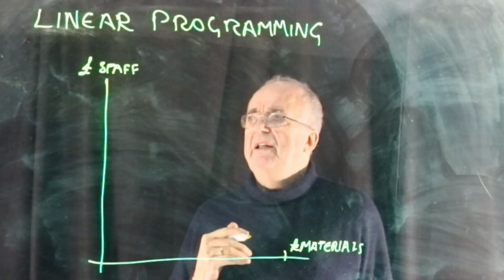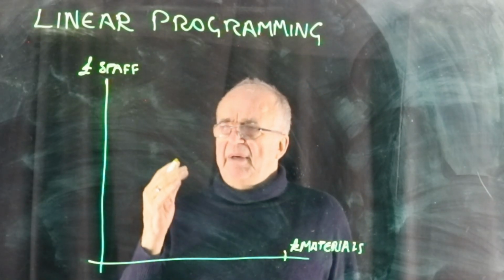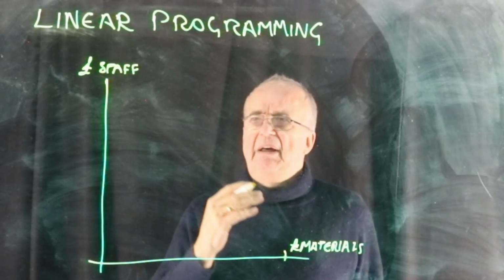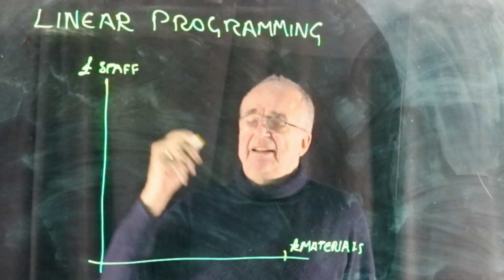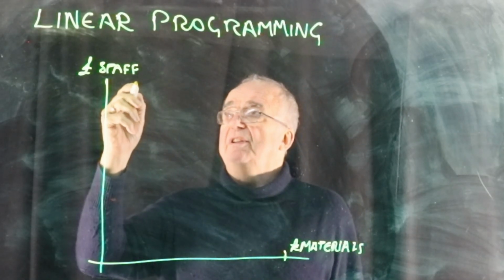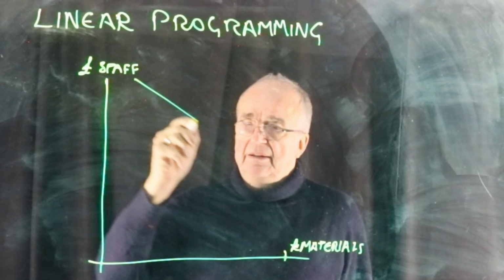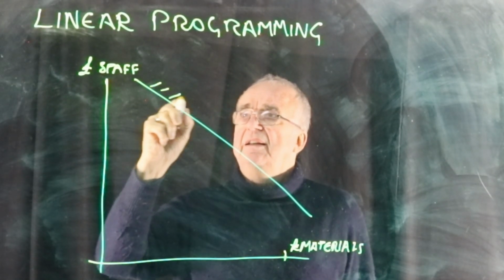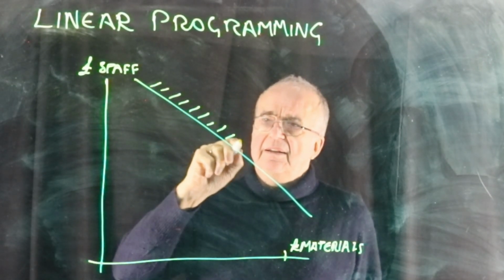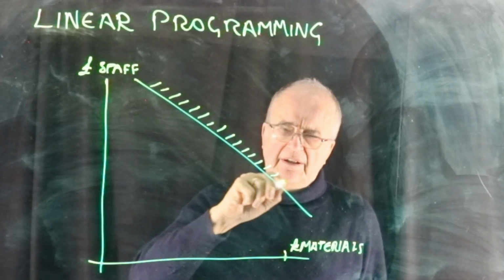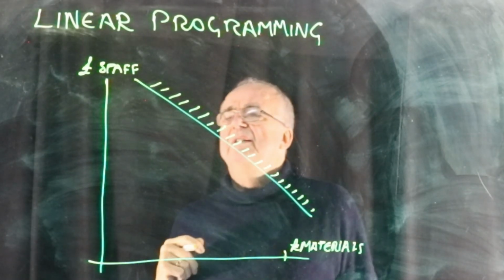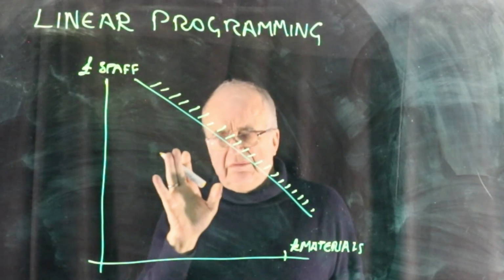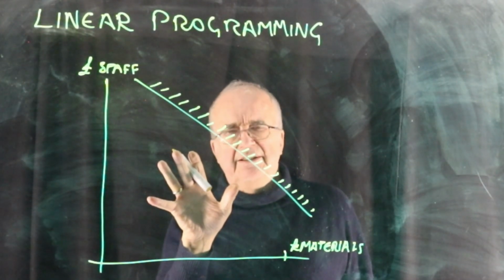So whatever the amount of money that they've got to spend must be within budget, and the line that represents a constant amount of money is this one. So that's the maximum budget that they've got, and so they're going to have to work in this area.